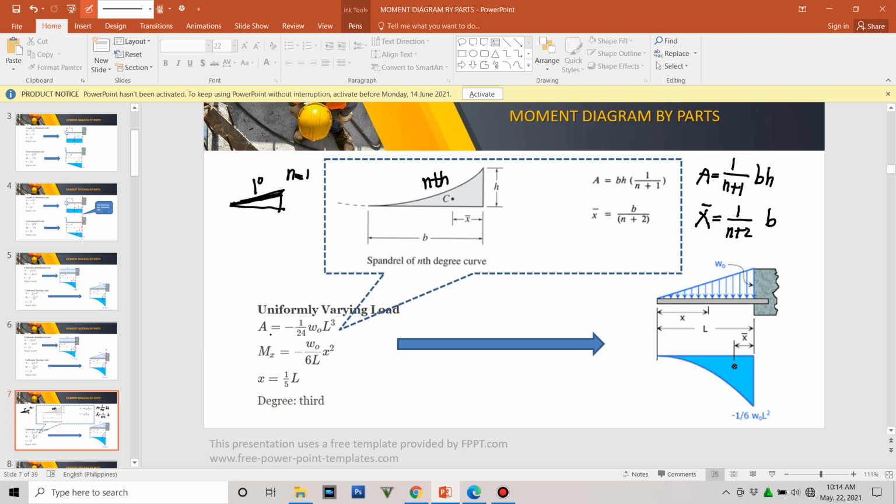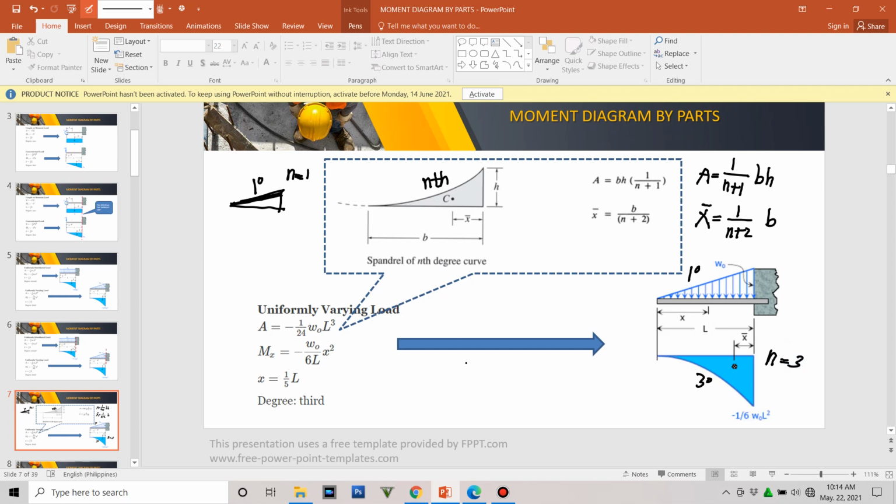So, paano nakuha tong area na to? Ito yung kanyang base, ano? And remember, first degree yan. Okay, first degree sa load diagram, magdagdag ka ng dalawa. So, ito, magiging third degree na yan. Okay, so, ibig sabihin, yung n mo dito is third degree.